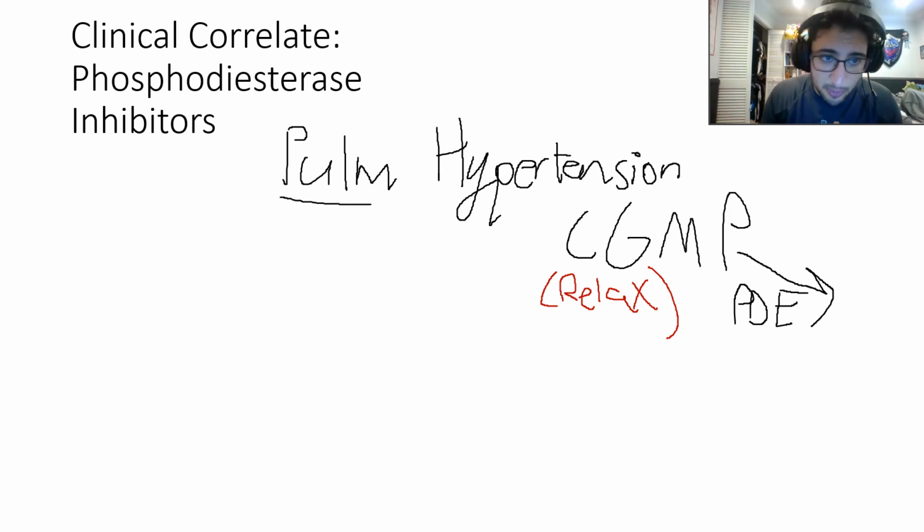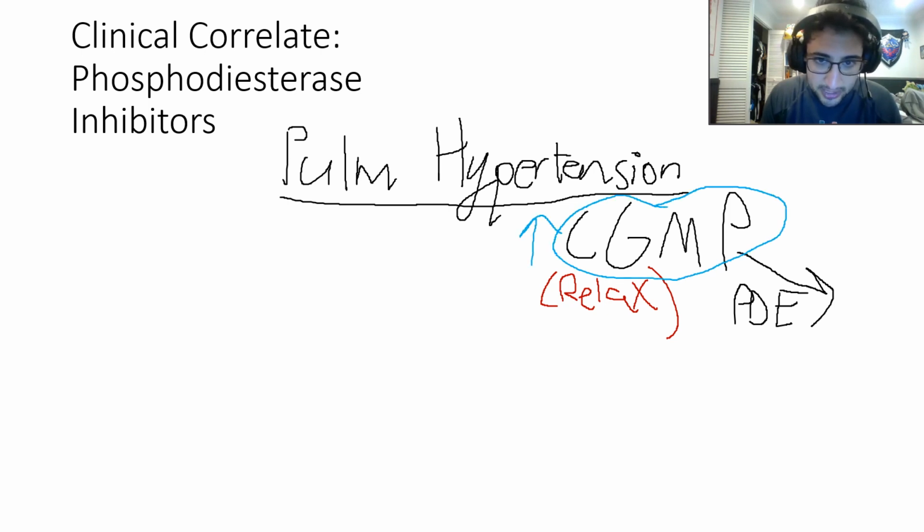So in patients with pulmonary hypertension, we want to increase the amount of cyclic GMP. And what we can do is we can do that by blocking PDE. Remember that image I drew on the last slide?